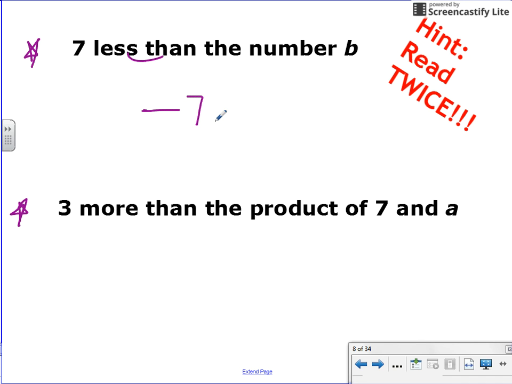I'm subtracting 7 from, and I'm taking it away from this variable represented, or the value represented by b. This translates to b minus 7. If you wrote 7 minus b, that is incorrect. So when you see that phrase less than, we have to watch out for that.